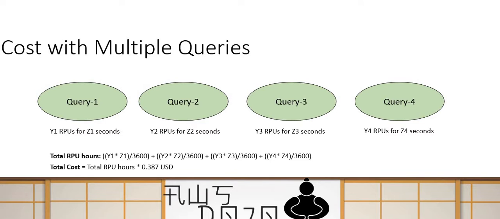So that's how the cost of the cluster or the data warehouse is going to look. It will be the cost of running all the queries in your data warehouse, whether they're running sequentially or in parallel. Each query incurs its own cost, and when you add them up, it is the cost of running the data warehouse on Redshift Serverless.